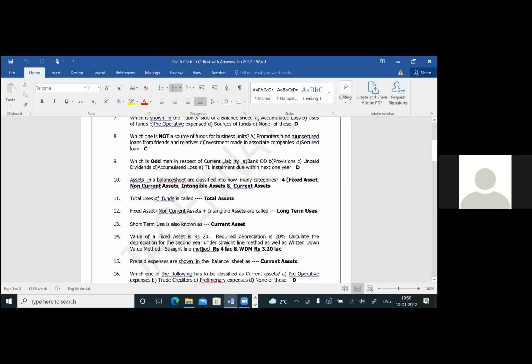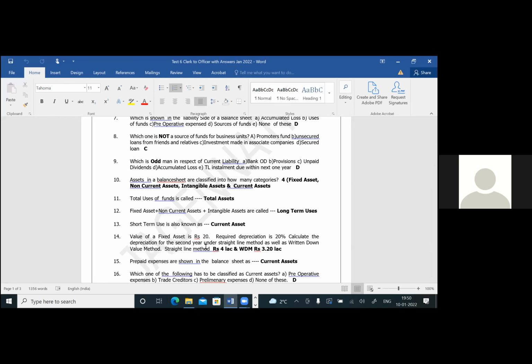Then question number 14. So let us see. Value of a fixed asset is rupees 20 lakhs. Required depreciation is 20%. We saw the example, no? Calculate the depreciation for the second year under straight line method as well as written down value method. So straight line method or the written down value method, first year it is 4. So 20% on 20 lakhs. Second year, what is the straight line method, sir?